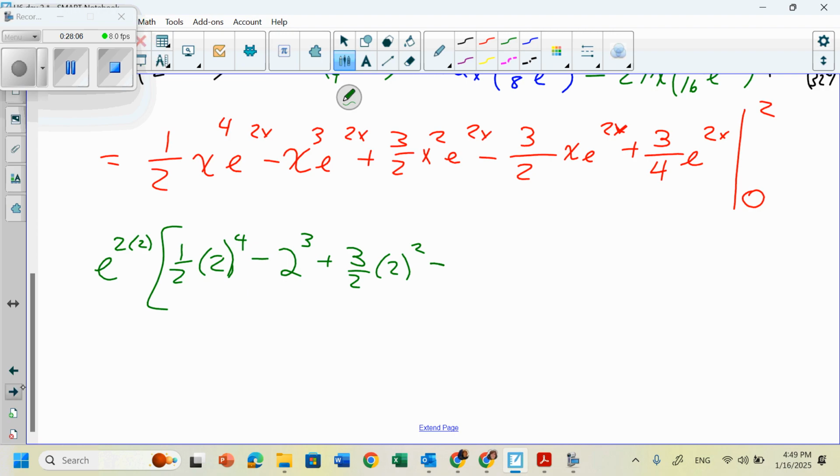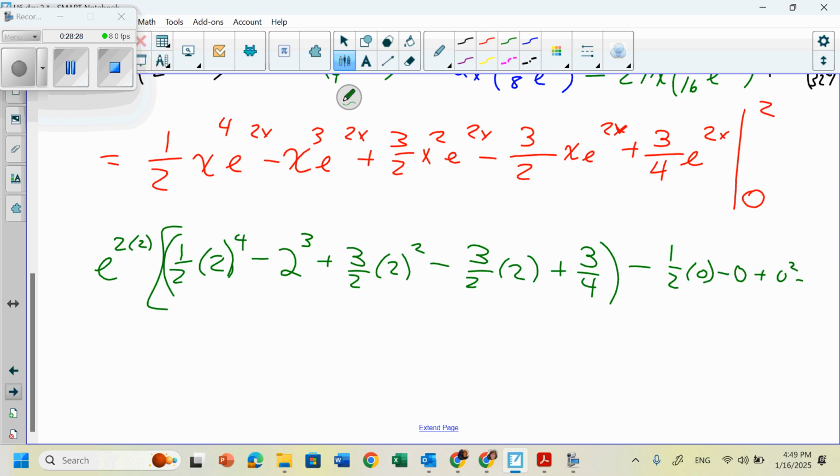That's the first one, and now 0. So minus 1/2 times 0 minus 0 plus 0 squared minus 0, and that one didn't have anything. So the zeros go away. It's kind of nice. So this is e to the fourth.